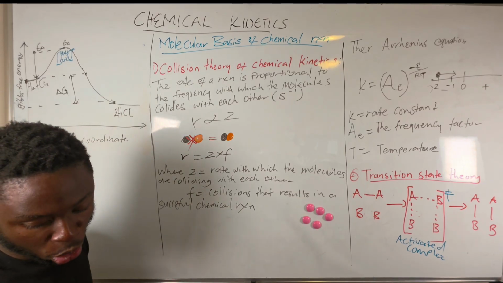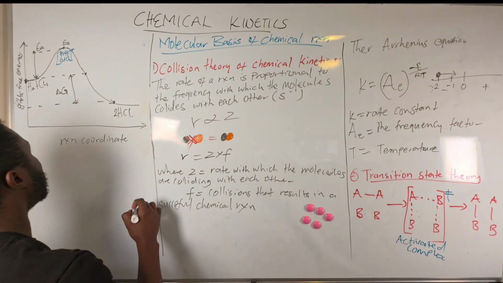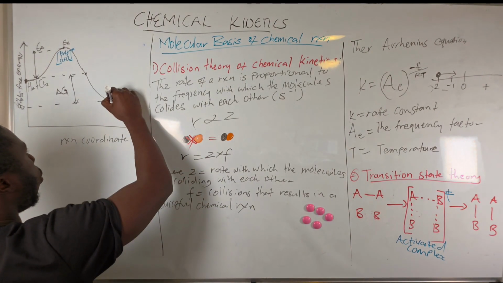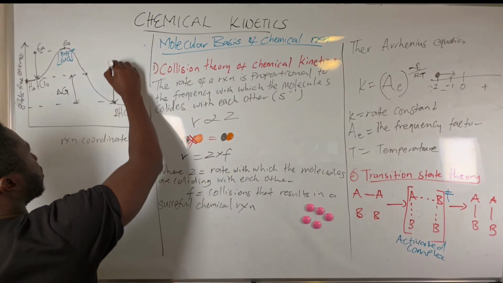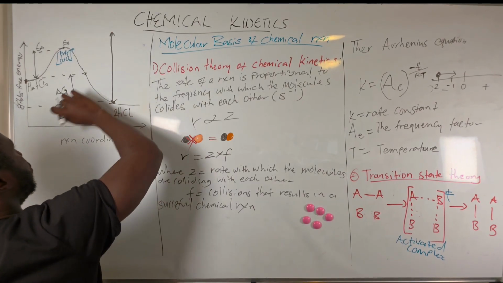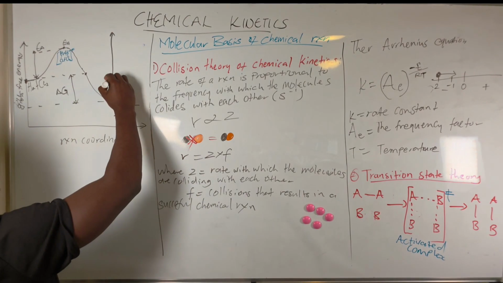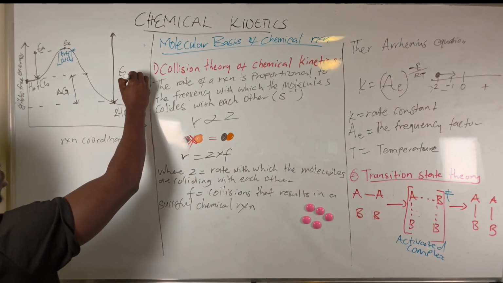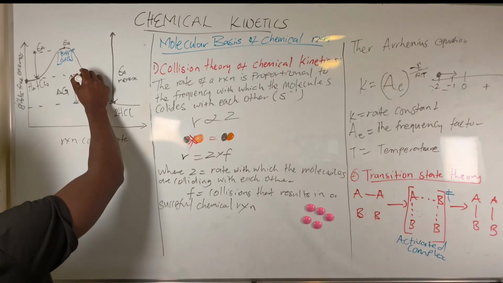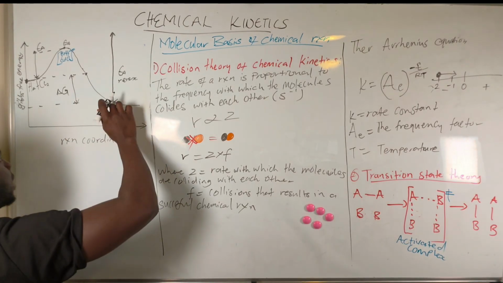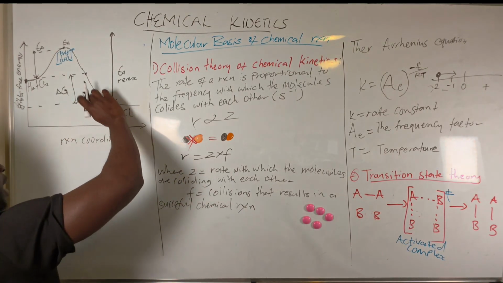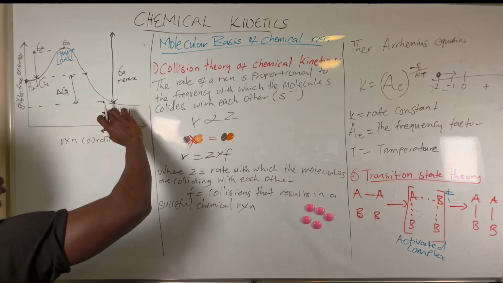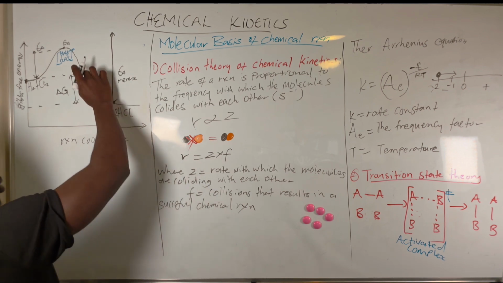Now if you want to reverse this whole reaction, we have to gain the energy that we lost, the Gibbs free energy that we lost. So we have to gain it. Heat has to be added into the system for this to reach up to this point.